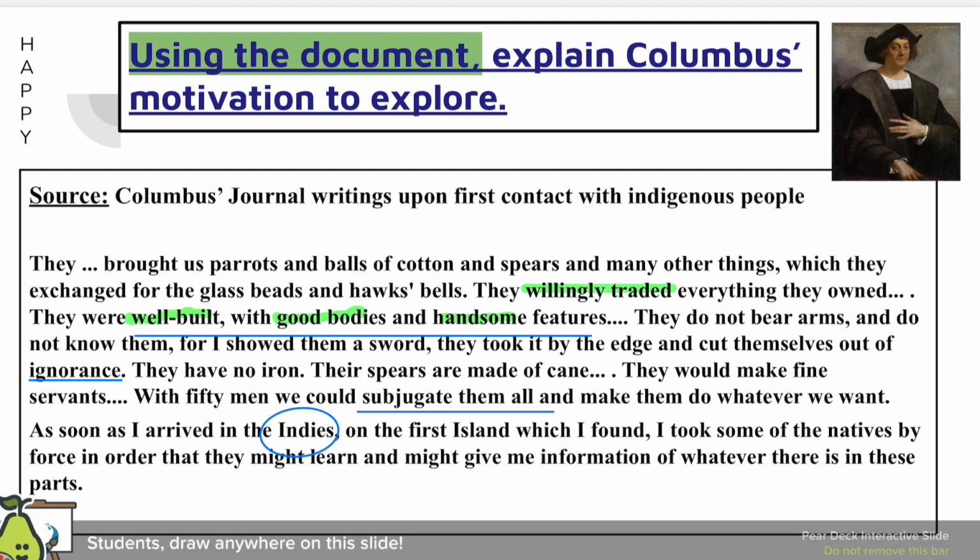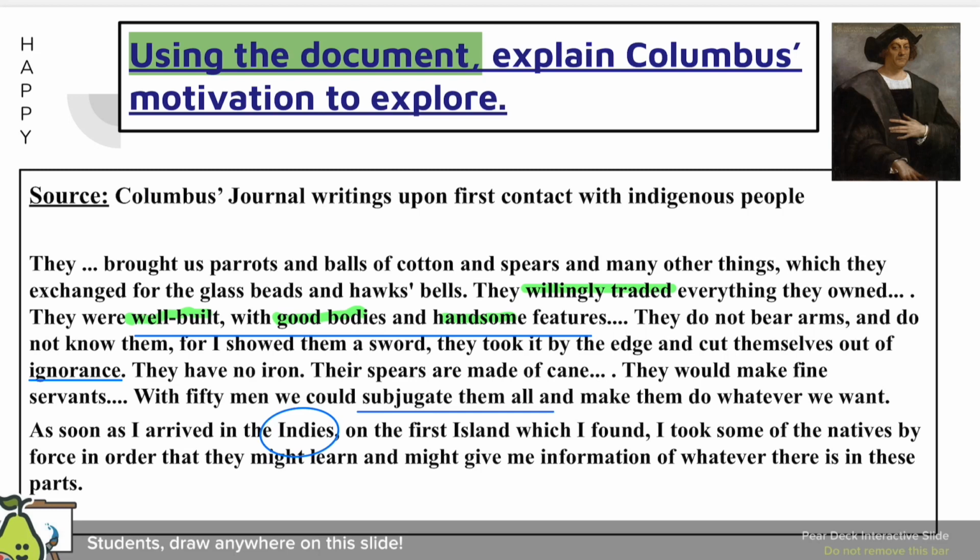Let's do disrespectful in orange. He could be implying that the fact that they willingly trade everything that they own indicates that they are not very intelligent.